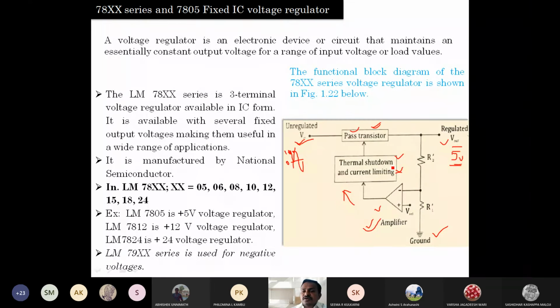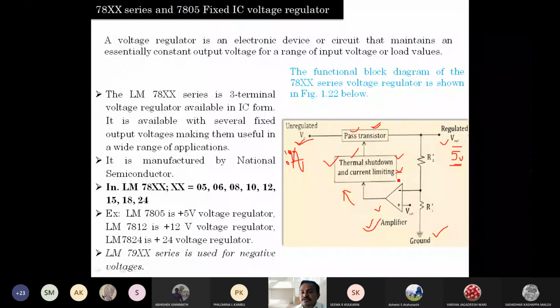Thermal shutdown means if excess heat is produced by the component while in use, the IC automatically switches off. There is no current flow and no output. It does not damage the component; it just turns it off because of excess heat. So that is another specification, the thermal shutdown and current limiting circuit.